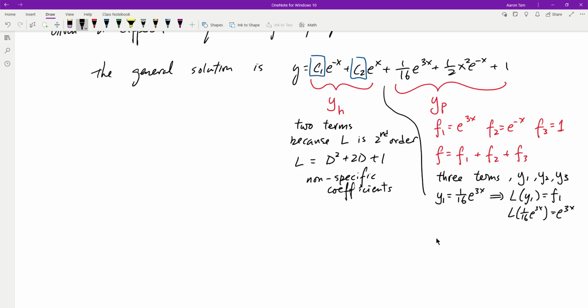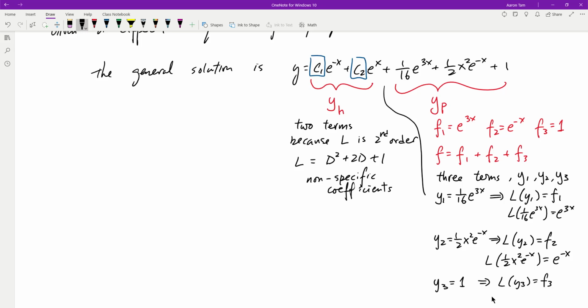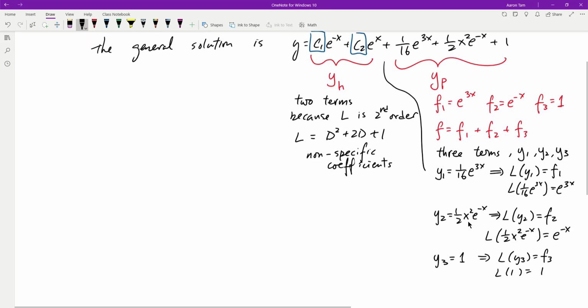Similarly, y2 is equal to 1 half x squared e to the negative x, because if I take L of y2, I should get f2, meaning L of 1 half x squared e to the negative x should give e to the negative x. And then y3 is 1, because L of y3 should equal f3, which in this case, if I do L of 1, I should get 1. And that's how the particular solution is determined.